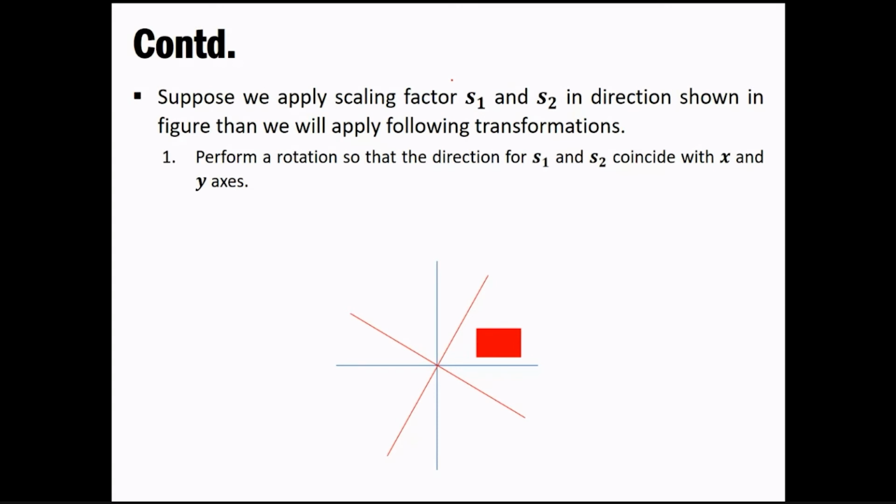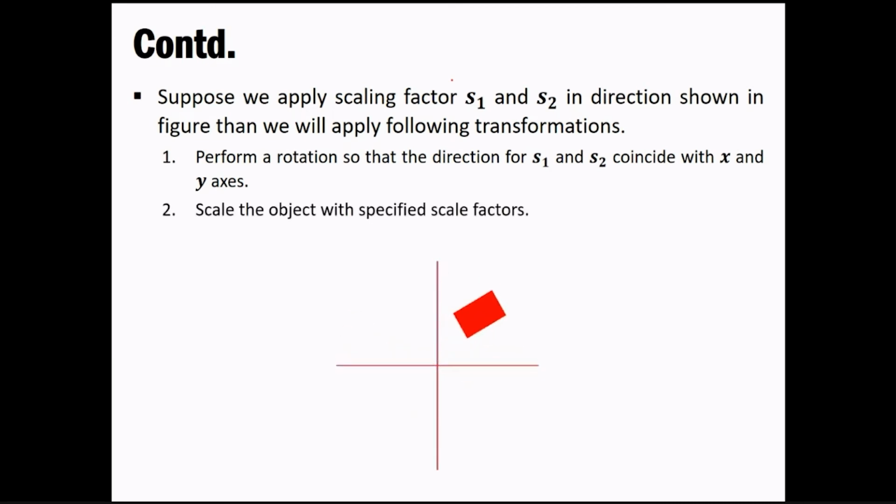It is just saying that whatever direction it might be, you have to perform a rotation so that the direction you want to go with coincides with the x and y axes, as shown over here. Once you perform your rotation, the next thing is to perform the scaling operation, because you want to apply that particular scaling with a specified scale factor.